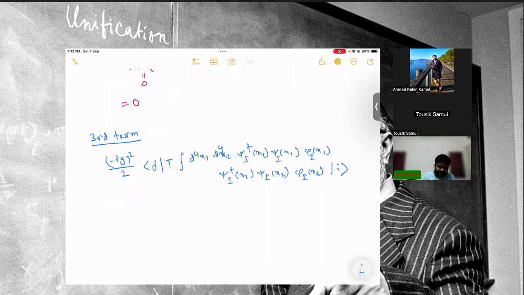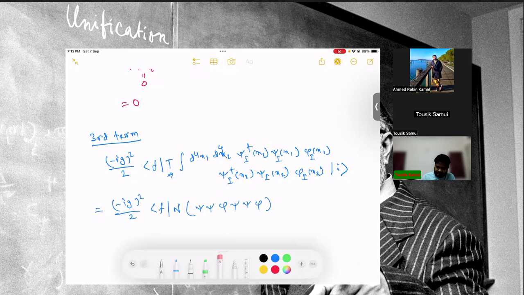Now with this time ordering, we have already said that we can write it in terms of the normal ordering and their contractions. So this is essentially minus ig whole squared over 2 factorial, and the normal ordering of all these psi phi, psi phi, and then the contractions.